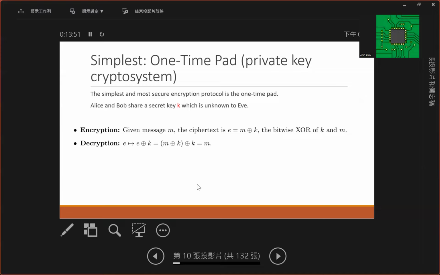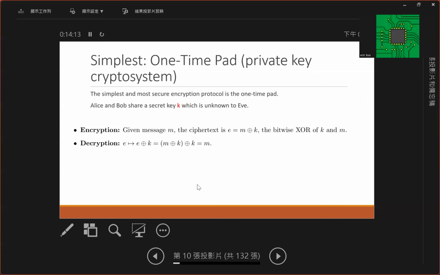The decryption is also very simple: just add K back. If K is 0, 1, 1, 1, you do the sum mod 2 and you get the original message back.